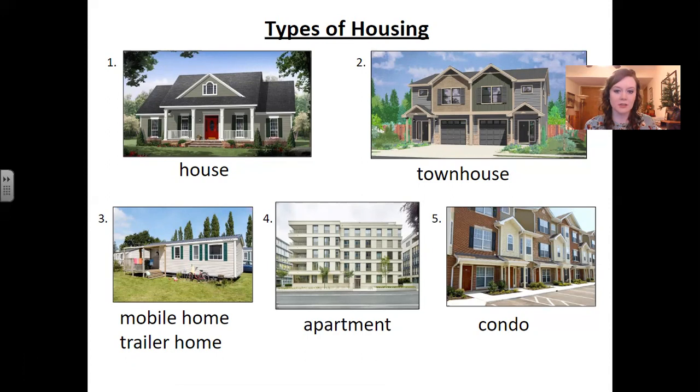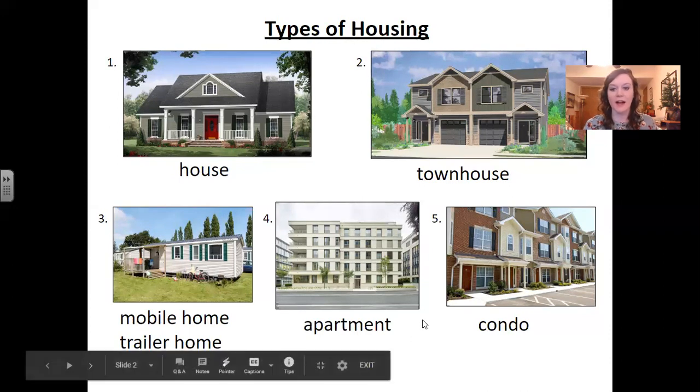You pay rent in September, you pay rent in October and November, December. Every month you have to pay rent. The apartment does not belong to you. You are renting it. It belongs to the landlord, the owner of the apartment building.